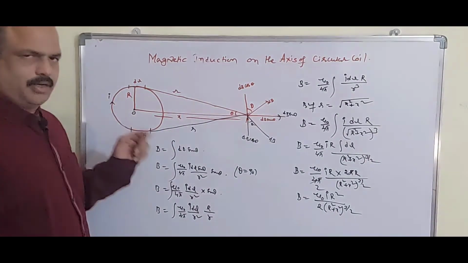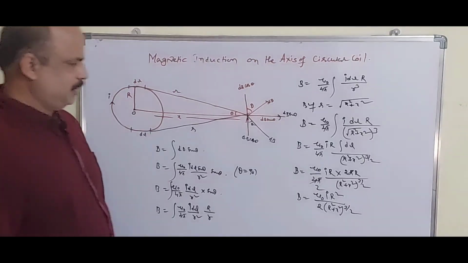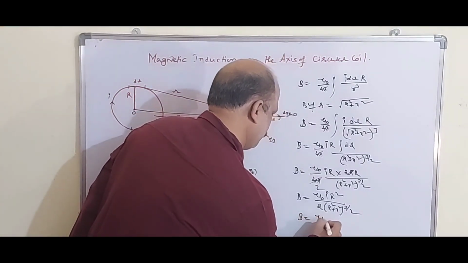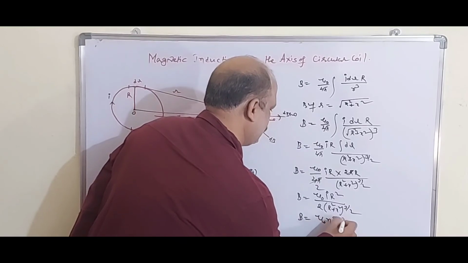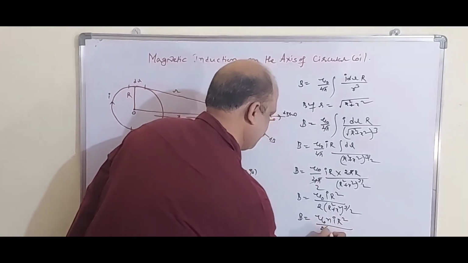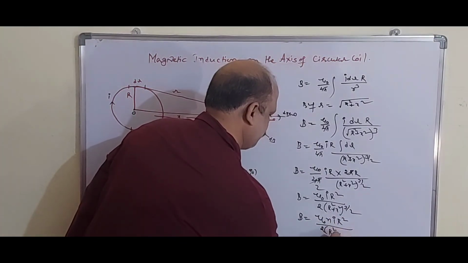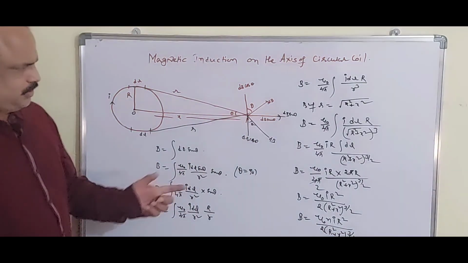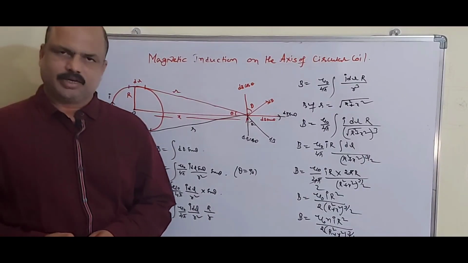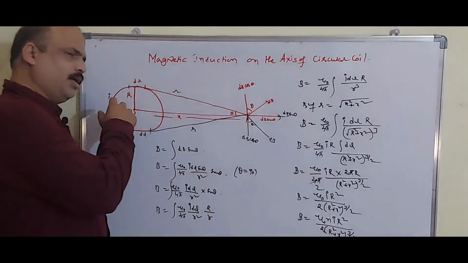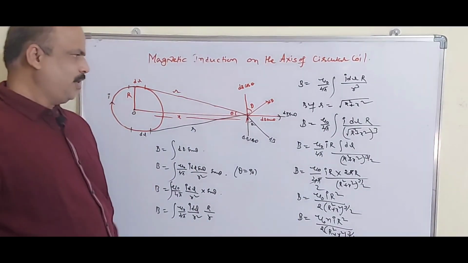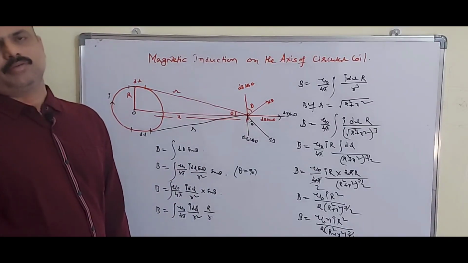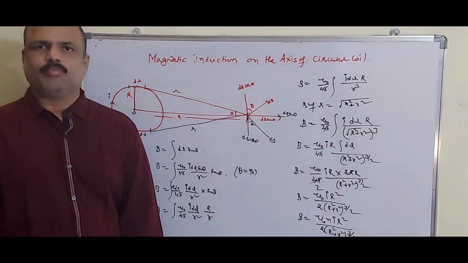If this circular coil has N turns, then B is equal to mu naught N I R square divided by 2 (R square plus x square) whole power 3 by 2. This is the expression for magnetic induction due to the entire circular coil at a point on its axis. Very, very important question.